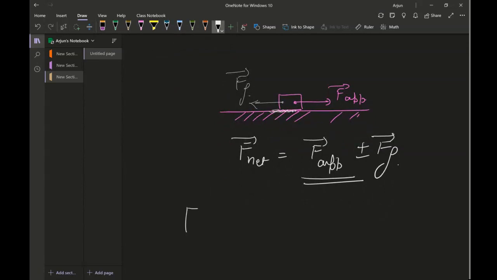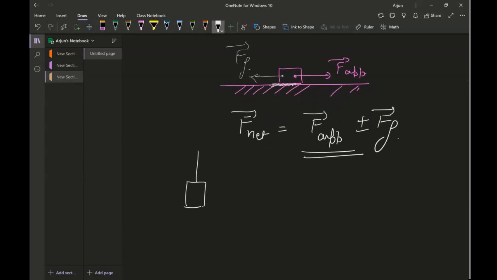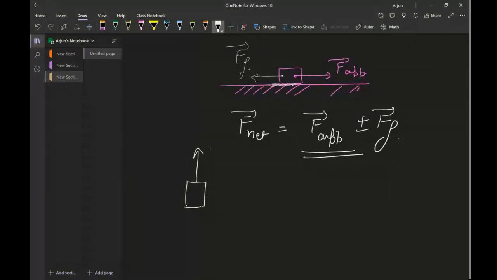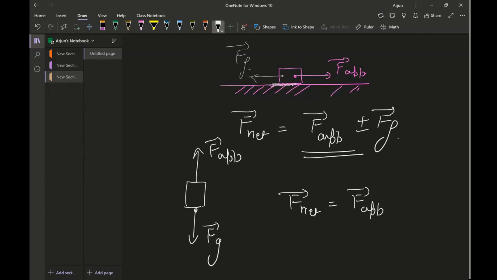Another equation we end up writing is if the object is moving in the vertical direction. Let's say the force applied is in the upward direction. So this is force applied, and then gravity will act in the downward direction. This becomes Fg, and I can write the F net equation: F net equal to force applied minus Fg.